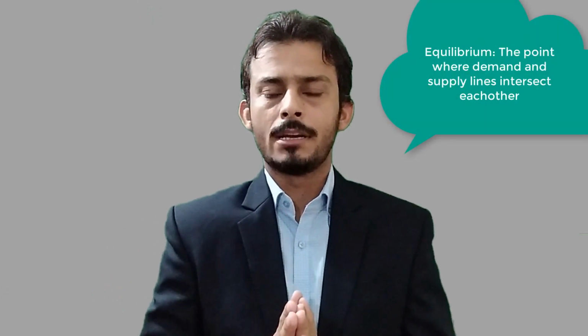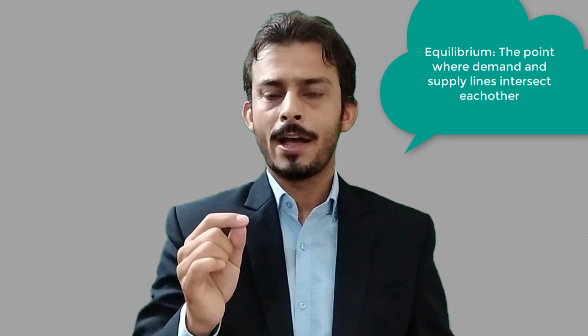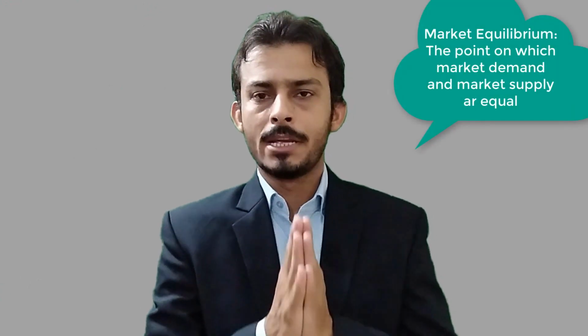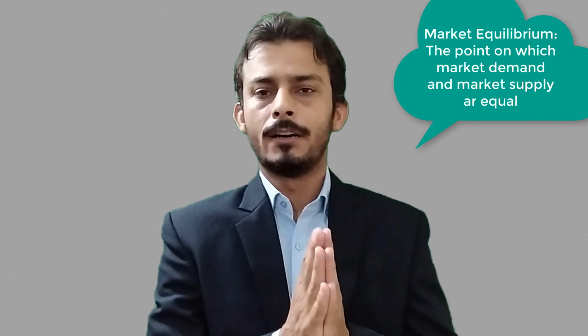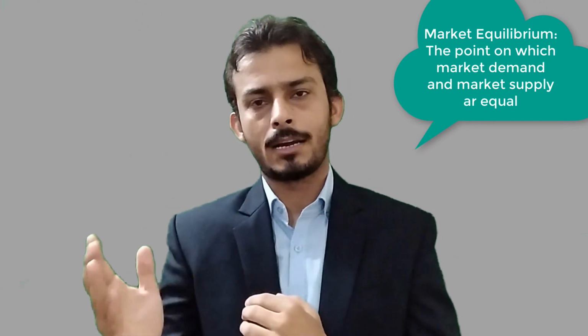While equilibrium means the point where market demand and market supply are equal. That point is considered as equilibrium. So what do we mean by market equilibrium? Market equilibrium is the point where market demand and market supply are equal.